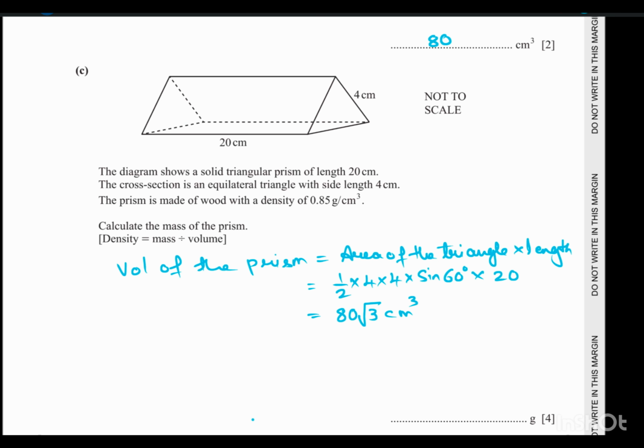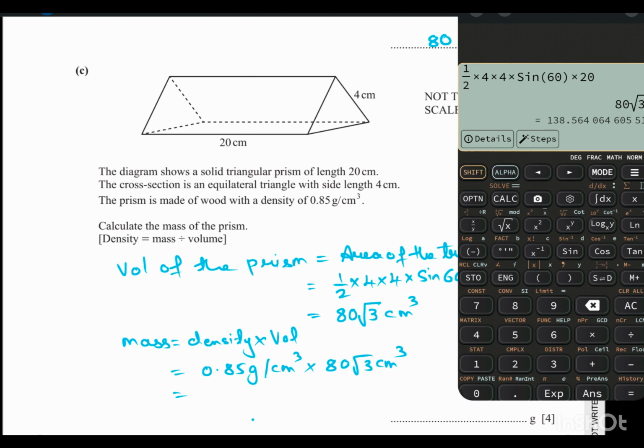Using this volume, we will find out the mass. So when density is mass by volume, mass will be density multiplied by volume. So density is already given, 0.85 grams per centimeter cube, into volume we got 80 root 3 centimeter cube.